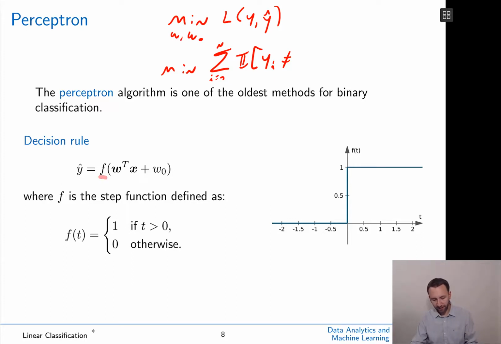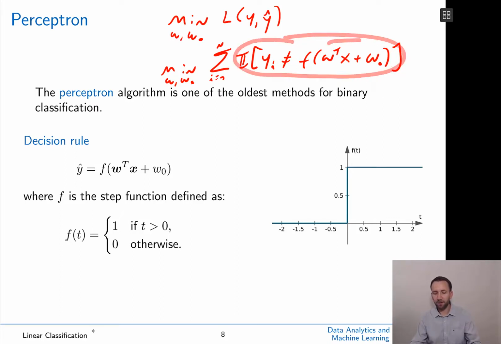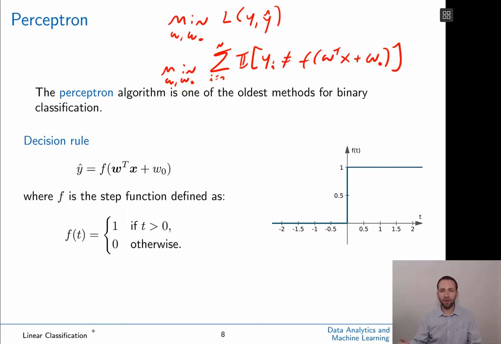We see it here, this was our model function, so we can just plug it in: f of w transpose times x plus w0. And we are optimizing over w and w0. So this would be the step: we have the model and the loss function, and now we want to minimize this loss, and then we have solved our learning problem.